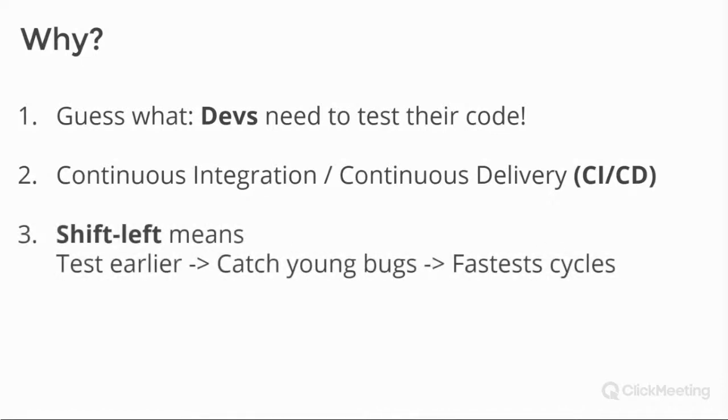Also, it allows carrying out the shift left practice, which means testing earlier to catch young bugs and to have faster cycles in our process. Finally, test automation is the harness of DevOps culture.